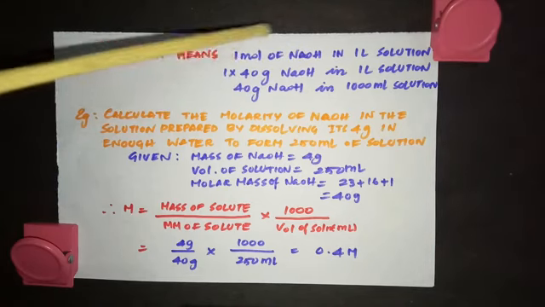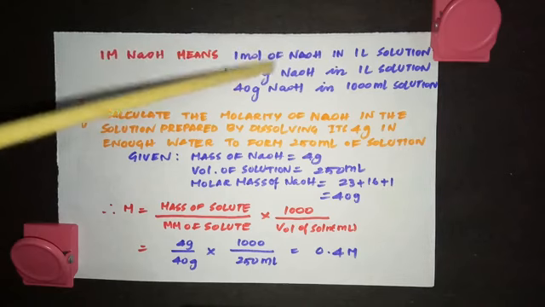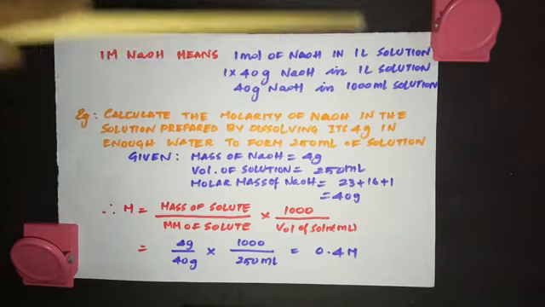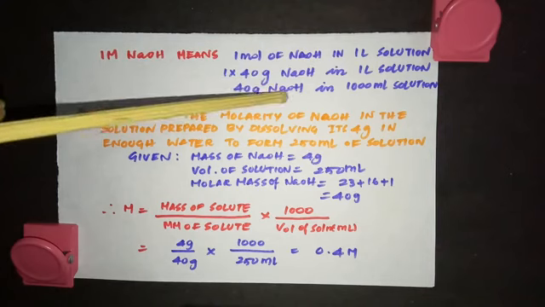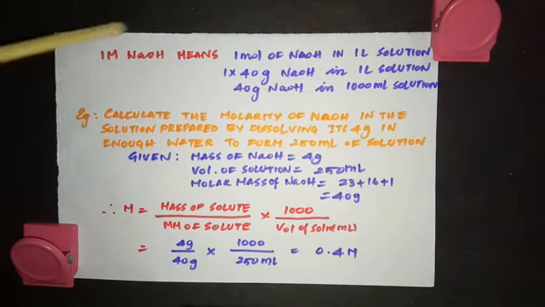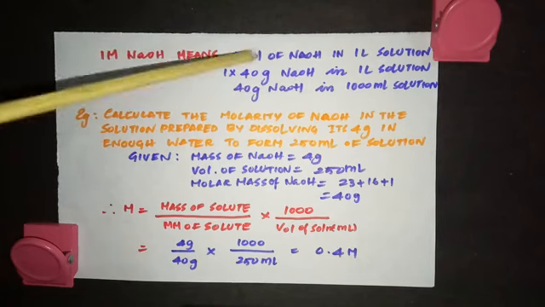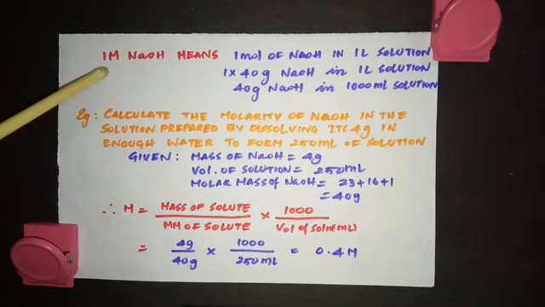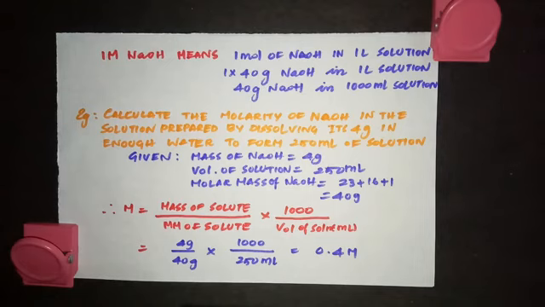See, 1 mole of NaOH means 1 into 40 gram of NaOH in 1 liter of the solution, or you can say 40 gram of NaOH is present in 1000 ml solution. So just from this 1 M, you can derive all these details. Suppose if I am saying 2 molar NaOH, which means 2 moles of NaOH is present in 1 liter of the solution, or 2 into 40 gram, which means 80 grams of NaOH is present in 1 liter of the solution, or you can say 80 gram of NaOH is present in 1000 ml of the solution.